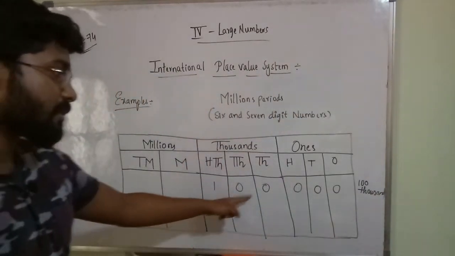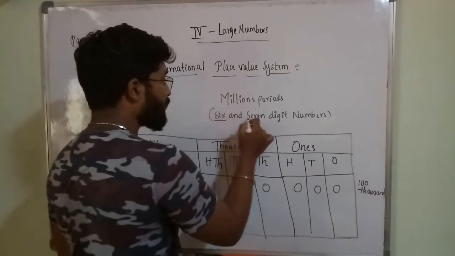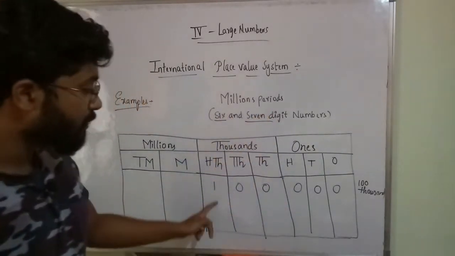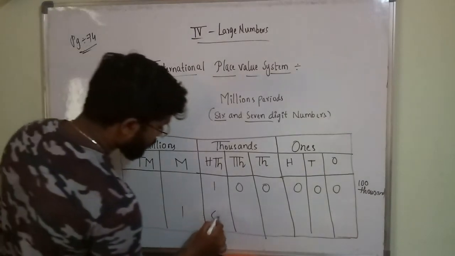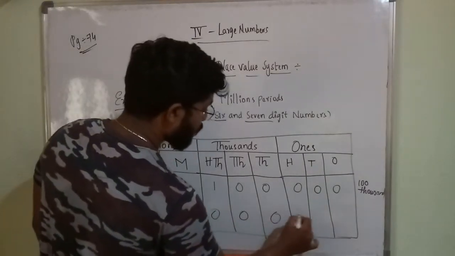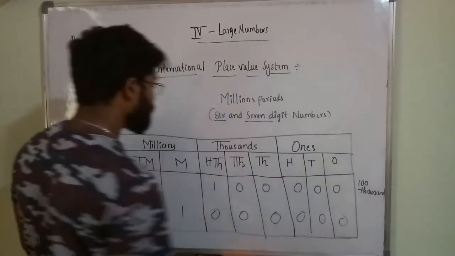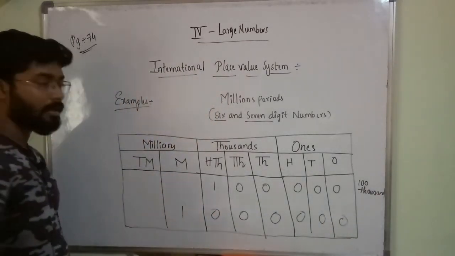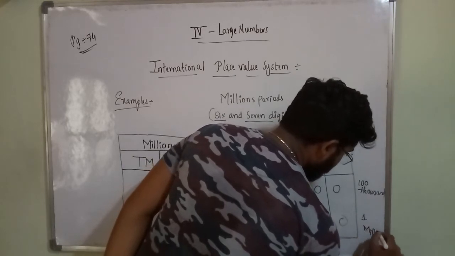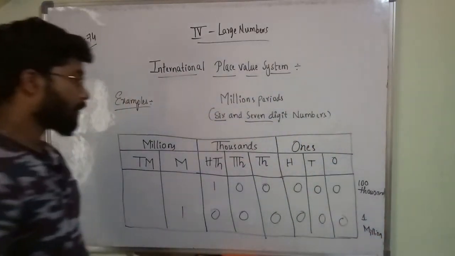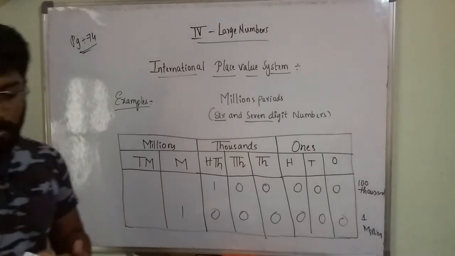This is a 6-digit number. We are talking about 6 and 7-digit numbers now. Next you will get 1 million, 1 0 0 0 0 0 0. For 1 million you have to start from the millions place. Okay, like this you have to understand.